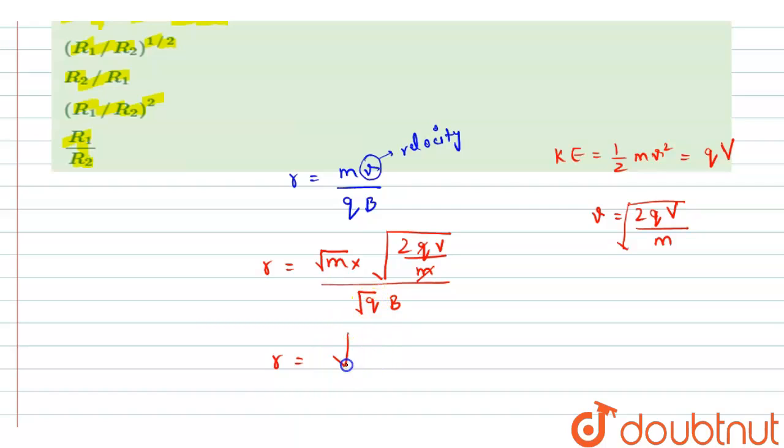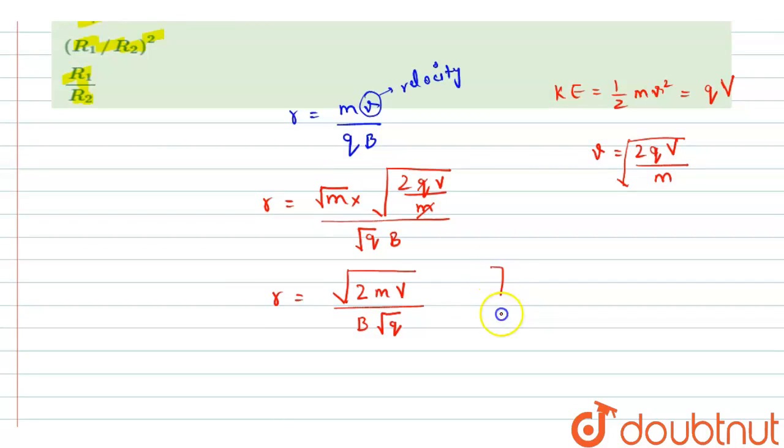So in the numerator we get root of 2mV divided by B root q. This is the expression of radius in terms of mass, potential difference, charge, and magnetic field.